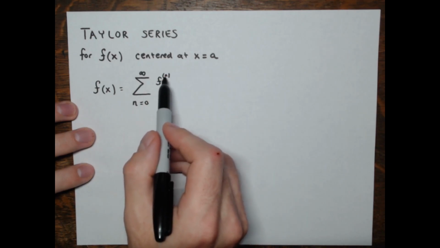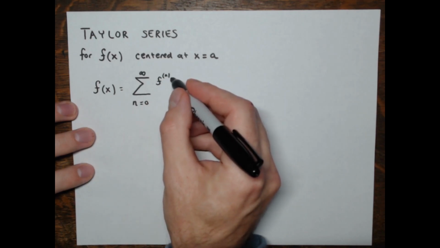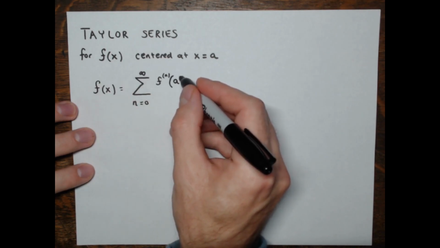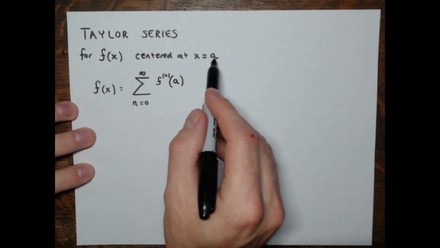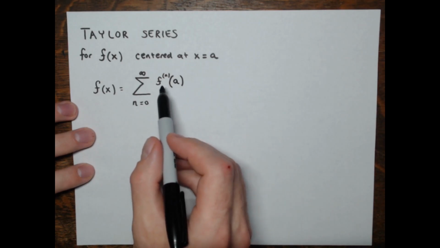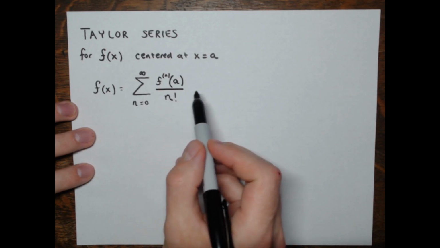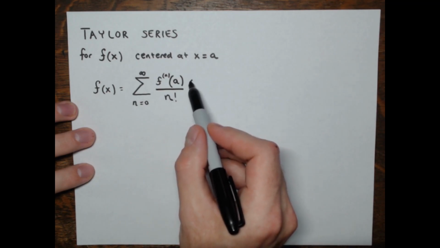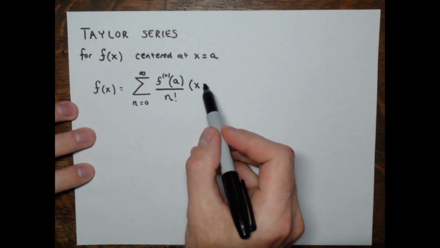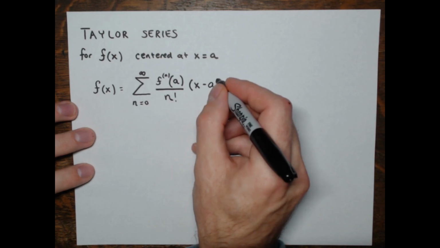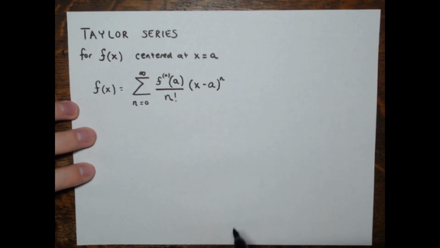That was the value of the nth derivative of this function f, evaluated at a, at the center a, whatever the center value is, divided by n factorial, and then you had your powers of x minus a. All those are your coefficients times x minus a to the nth.